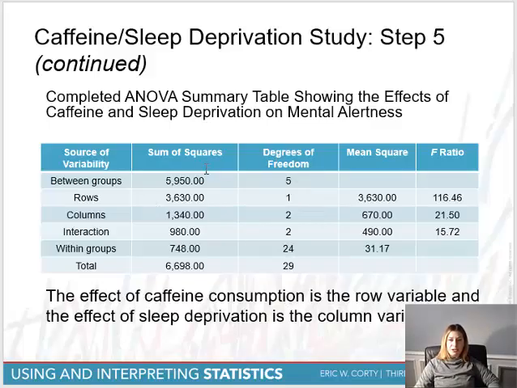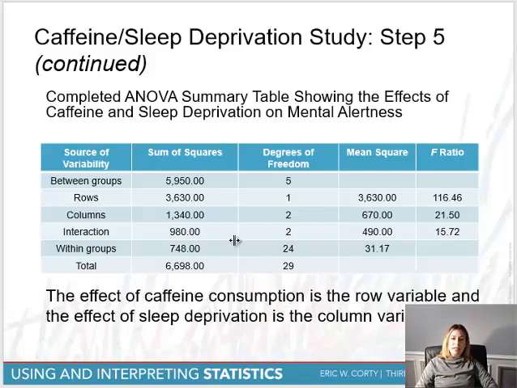Again, once you have these two columns, you should be able to find everything else, because the mean square for your row is a sum of square divided by its degree of freedom, which is why 3630 divided by 1 is 3630. And our column 1340 divided by 2 is 670. And 980 divided by 2 is 490. And 748 divided by 24 is 31.17.